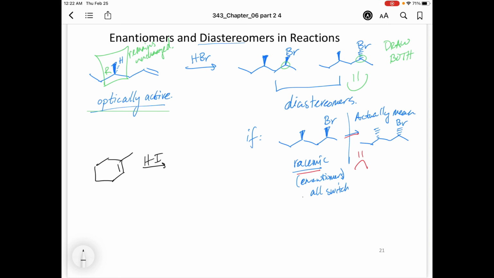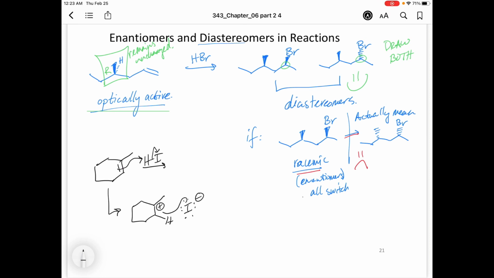So the alkene is going to pick up this proton, okay? You're going to use a reaction arrow showing the reaction is going forward. Here I have this carbocation that's formed, and I have I minus.